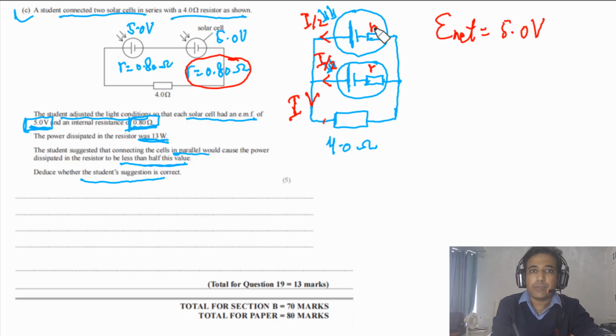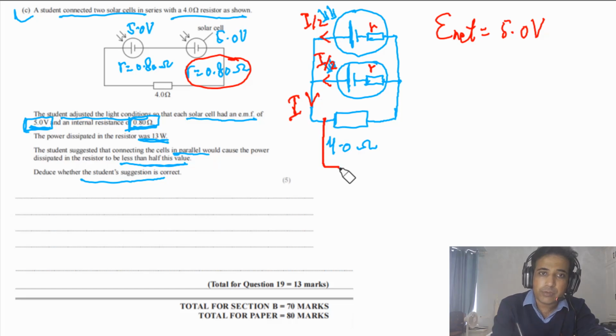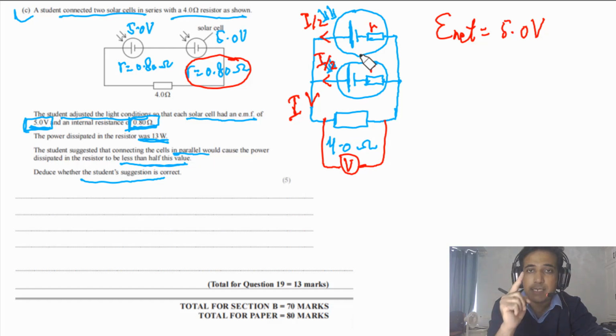The EMF of one cell is the net EMF because if we connect a voltmeter here, the PD across this is across one cell. So the net EMF in this case is 5.0 volts.